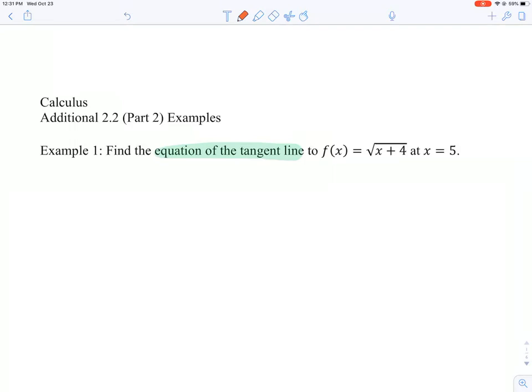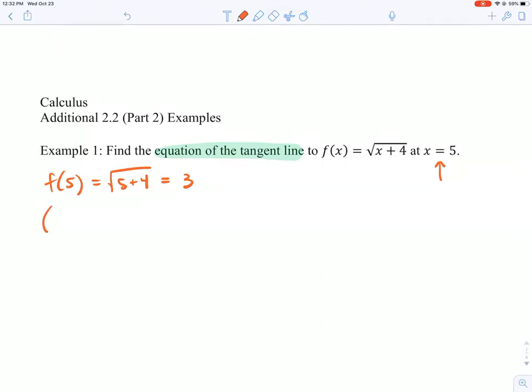So we're given the x coordinate that describes the location of where we want to find the tangent line on the curve, but we want to find the actual point. So we need the y coordinate that goes with that x coordinate. And we can find that from substituting 5 into the function. Okay, so we would get y equals 3.